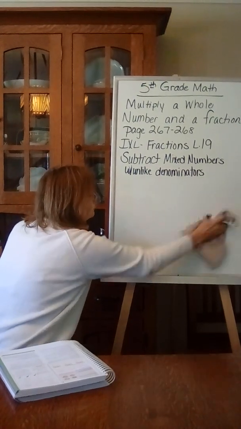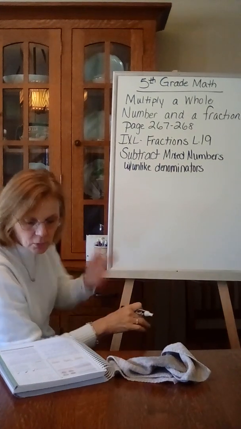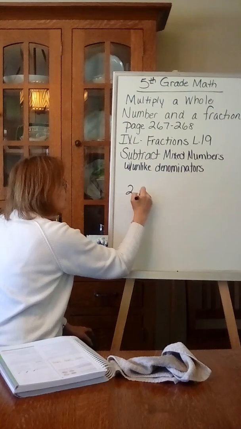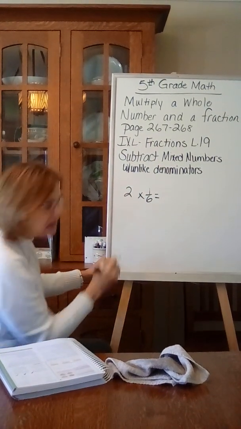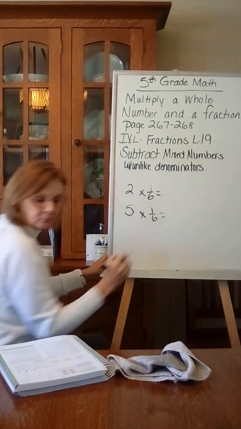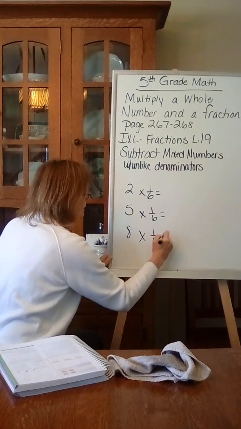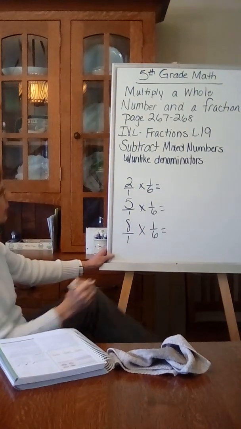Let's do one more. We're going to multiply each of these by 1/6. So we've got 2 times 1/6, 5 times 1/6, and 8 times 1/6. Put a 1 under each one of these guys, and now I can multiply.